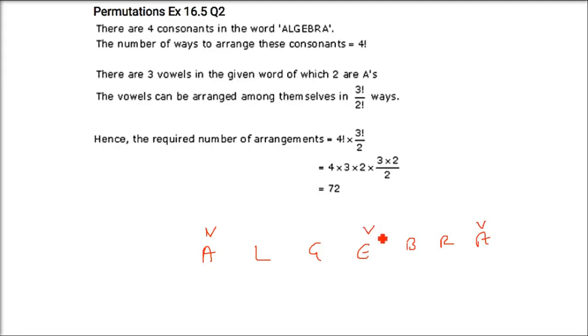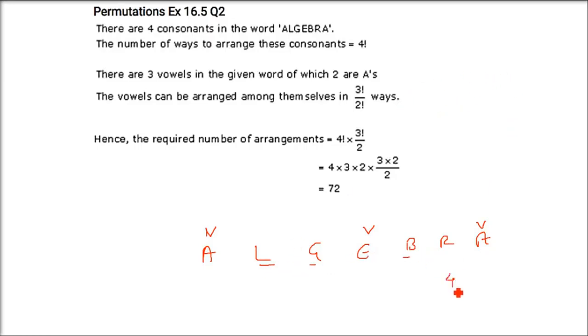We have to permute so that the relative order of vowels and consonants is not changed. That means LG should stay LG, BR should stay BR, only A, E and A can be changed here and there.